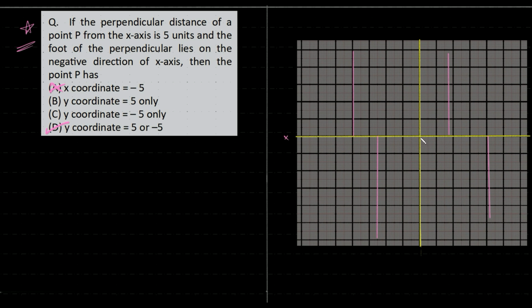That is, it lies on this part of the x-axis. Agree? Then the point P has dash, which is for sure. We are sure that the point P is 5 units up and 5 units down. Either of these, we don't know which exactly.